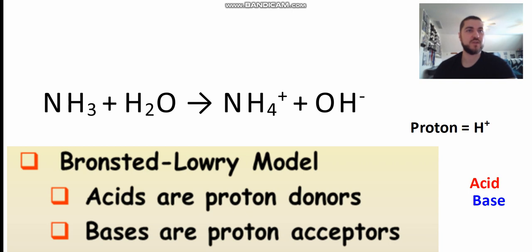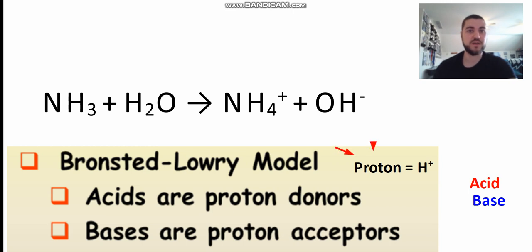And this is a definition derived from two different scientists, Bronsted and Lowry. And their definition is different. Their definition is an acid is a compound that is a proton donor, and a base is a compound that's a proton acceptor. Now, for this to work and for you to understand this, you need to realize that a proton and a hydrogen ion are the same thing.